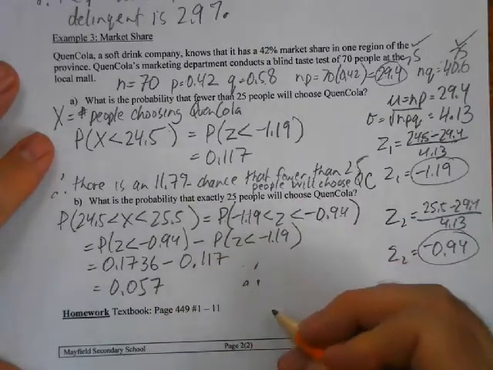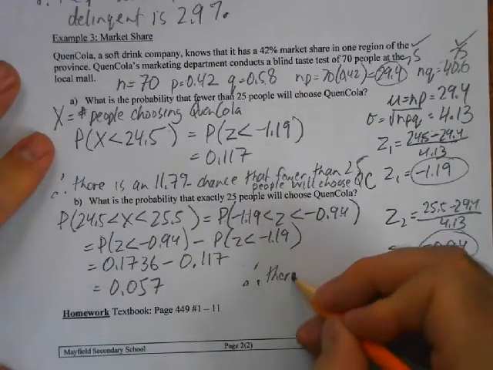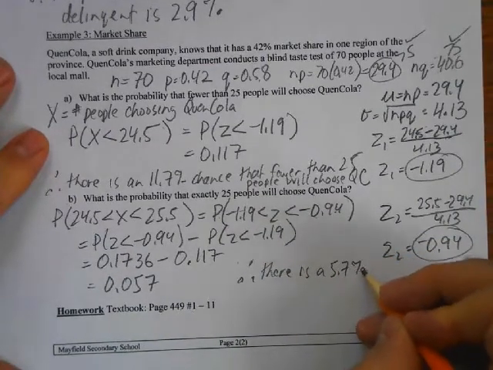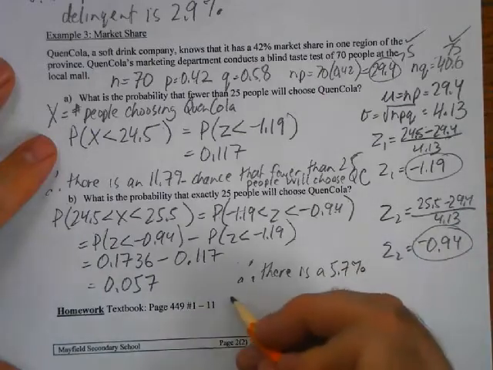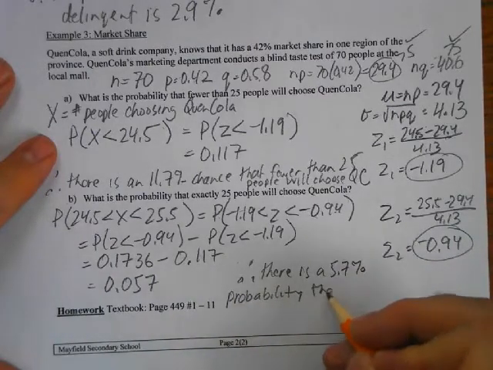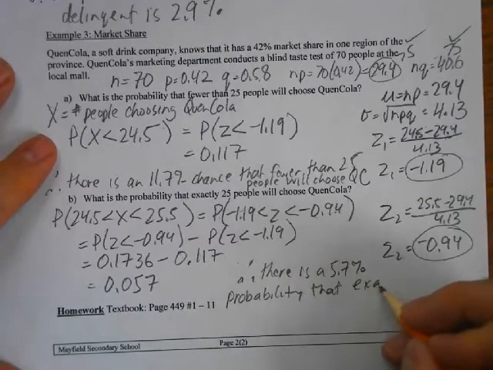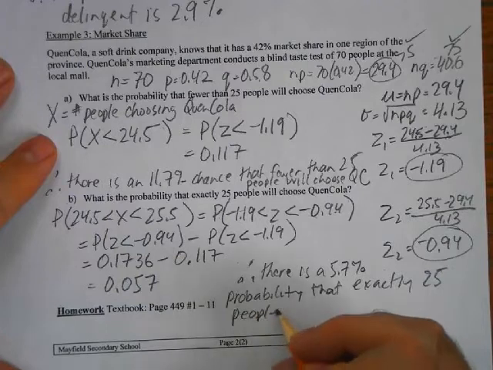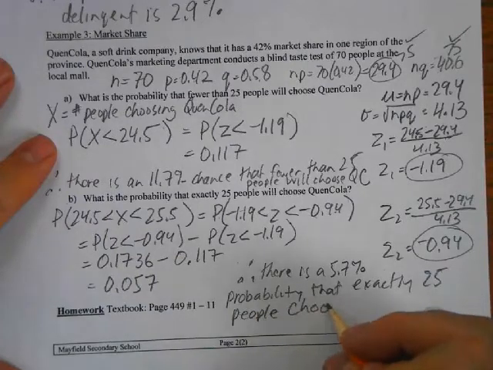So therefore, there is a 5.7% probability that exactly 25 people choose Coca-Cola.